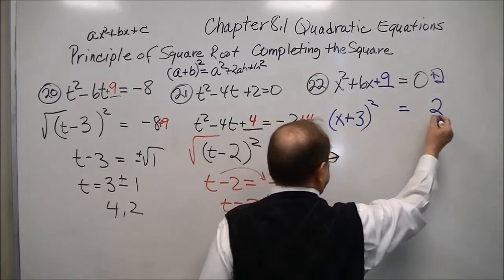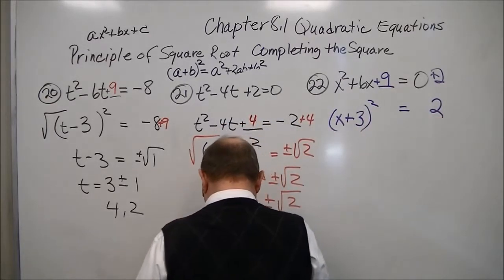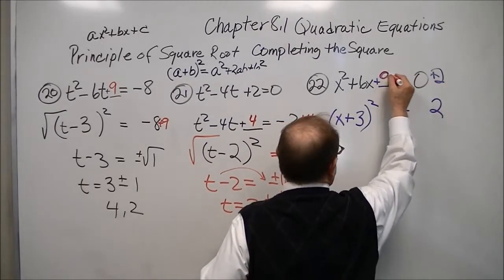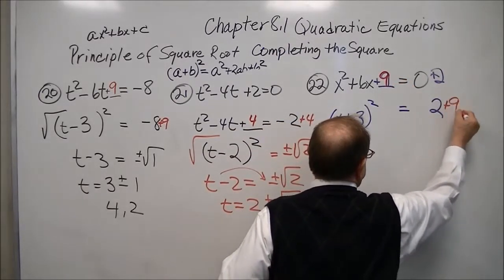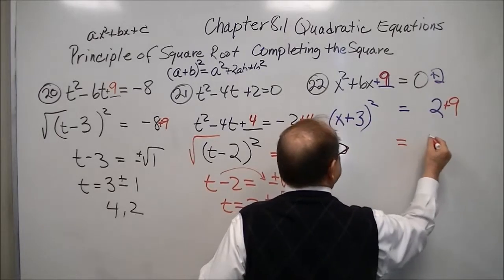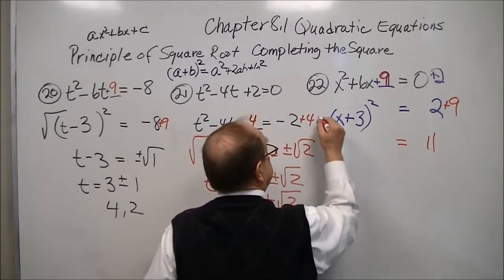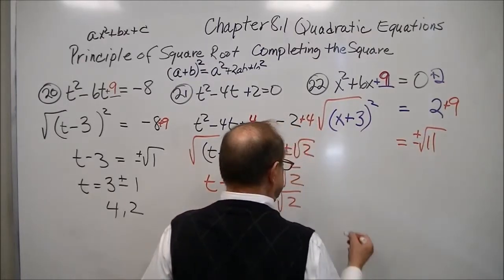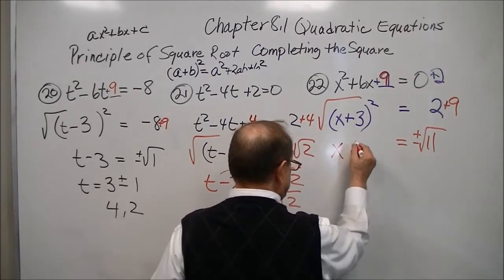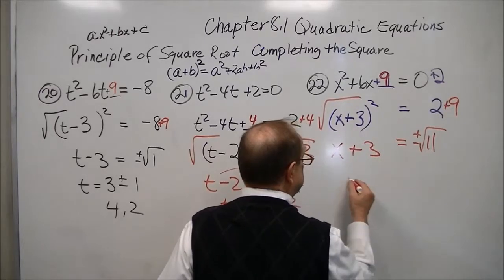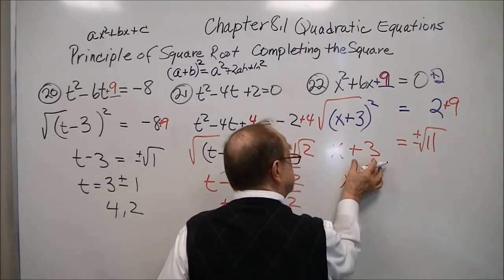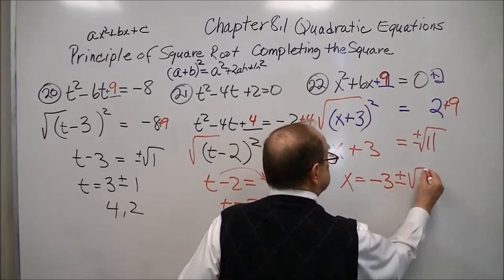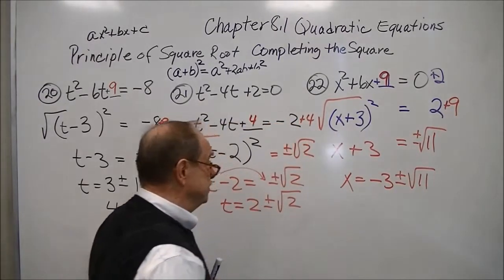So I'm adding a 9 to both sides. This 9 and this 9. This now becomes 11. I take the square root of this, plus or minus the square root of 11. This becomes x plus 3 equals that. X equals, transpose this to the other side, negative 3 plus or minus the square root of 11.